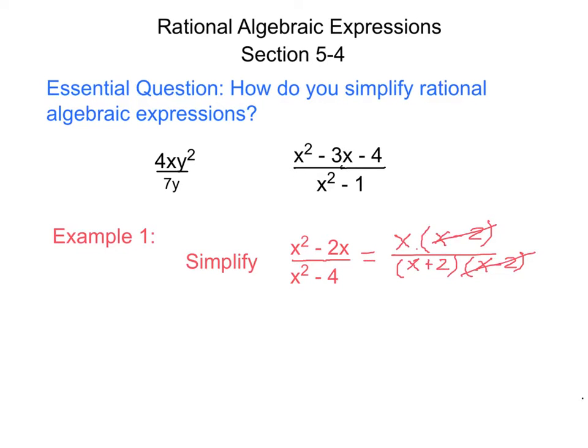And what am I left with? I'm left with simply x over x plus 2. So this is one example of simplifying a rational algebraic expression.